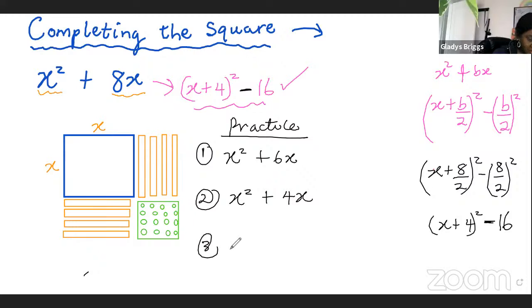Number 3: x squared minus 6x. I think this one will be all right for us to start off with. And number 4: x squared minus 14x. Okay, that should make us happy.